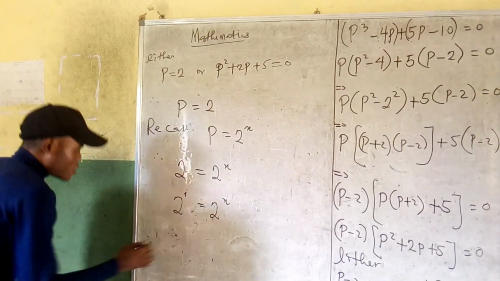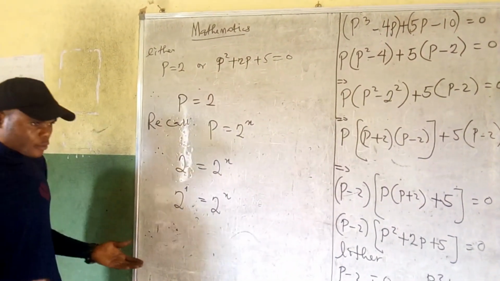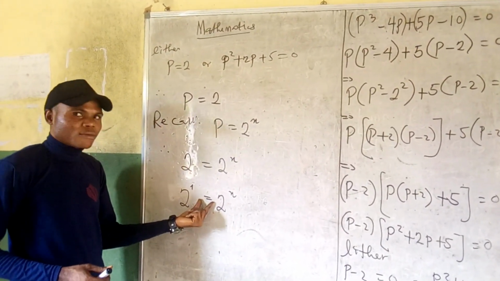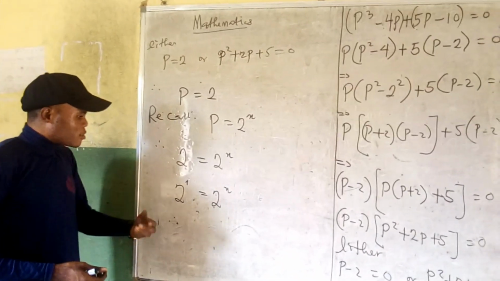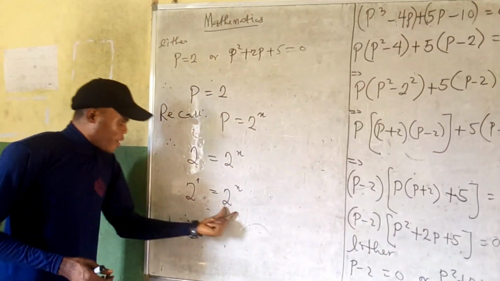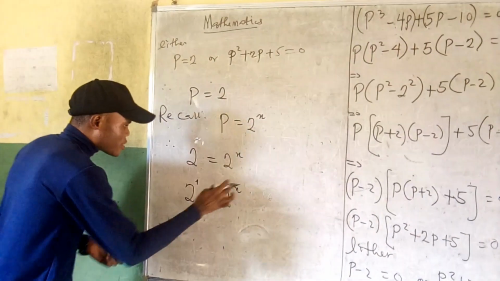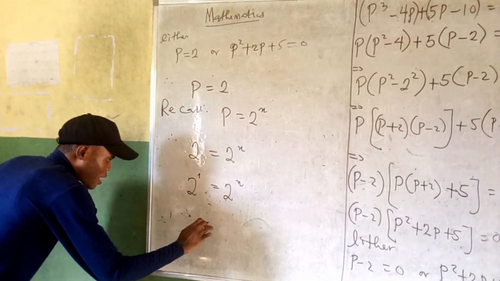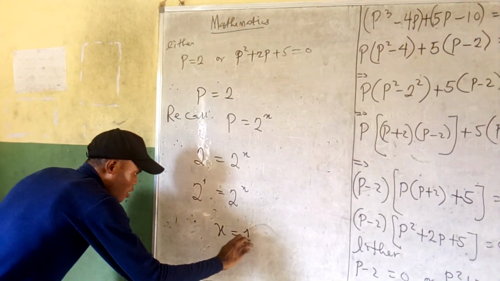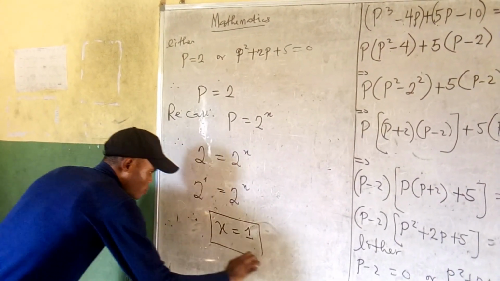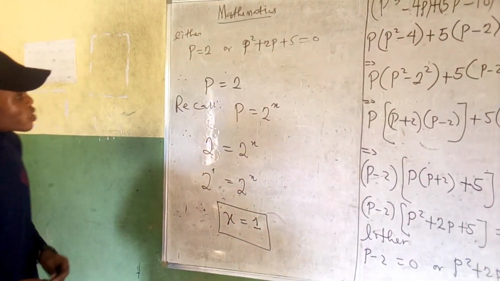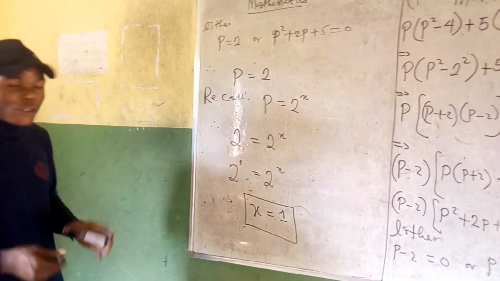And from the law of indices, if you have an index here and an index here, separated with an equal sign, and it is such that the bases are the same, then it means the powers are also going to be equal. So it means that the value of x here is 1. And as always, we are done. So the value of x here is 1.